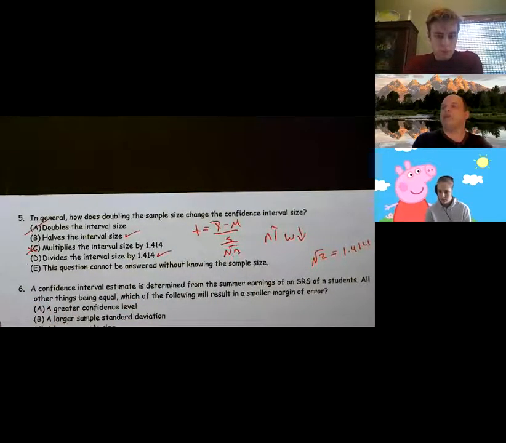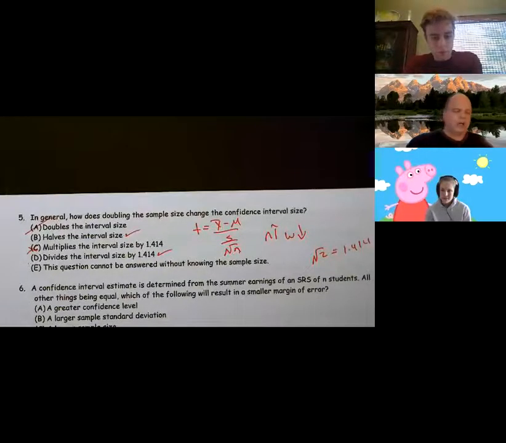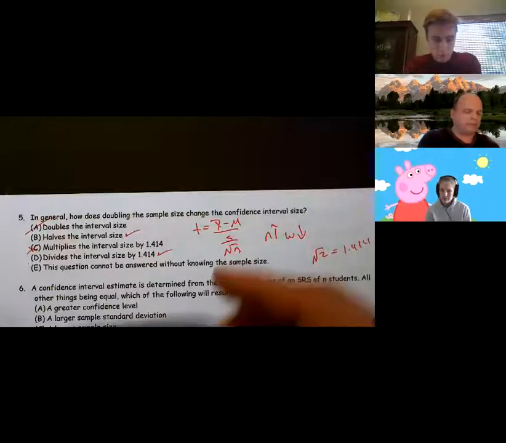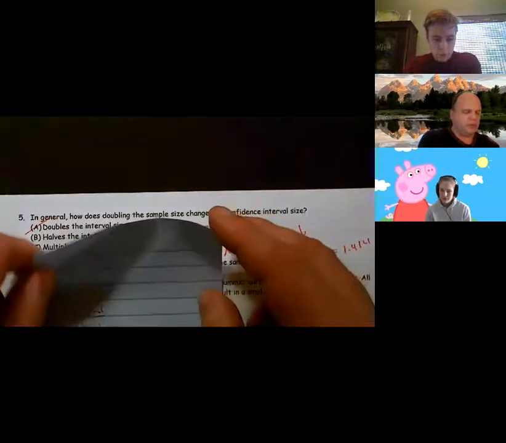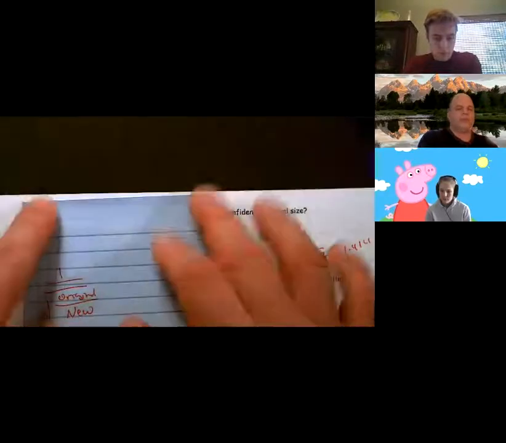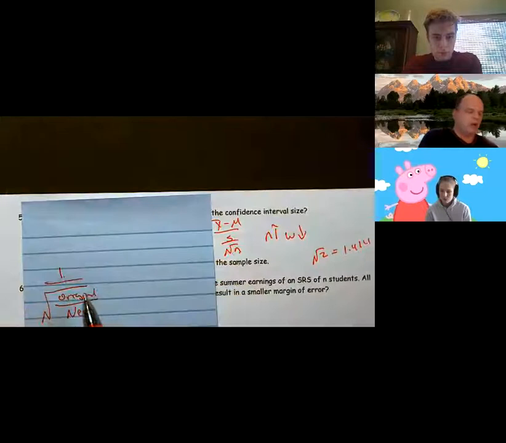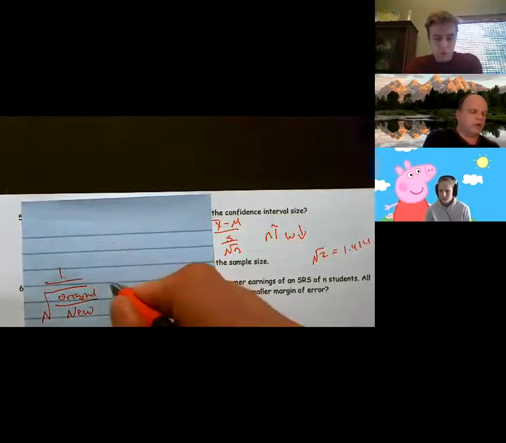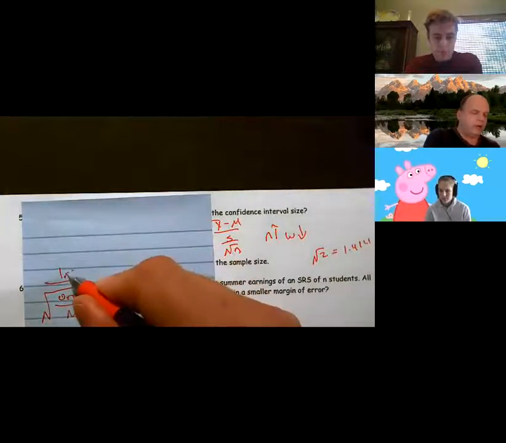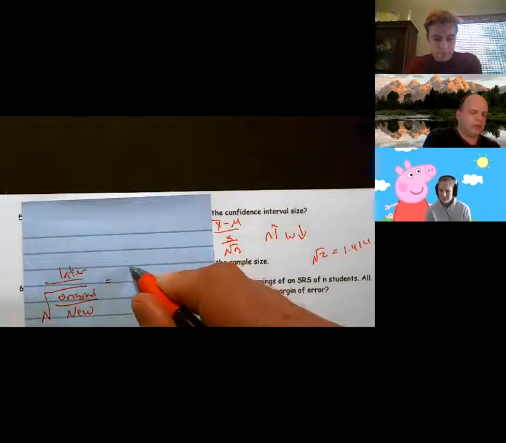And I want to pause for just a moment, because I'm going to give you a little formula here. Okay, so here's a little formula on the way things happen. If we say that this is our interval width, it's going to go from the square root of our original over our new. So if this is our original interval width, what's going to happen?